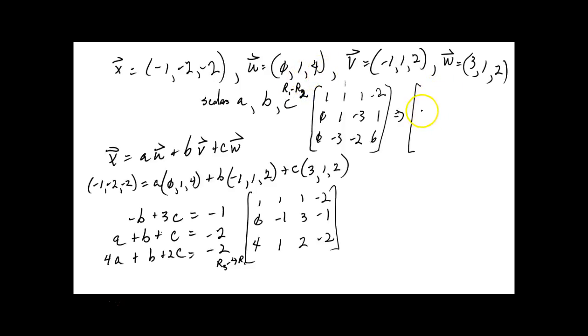Okay, so we're using the second row, so I'm going to write it down: 0, 1, negative 3, 1. And when you subtract row 1 minus row 2, what do you get? 1, 0, 4, negative 3. Now, what do we want to happen down below that leading 1?